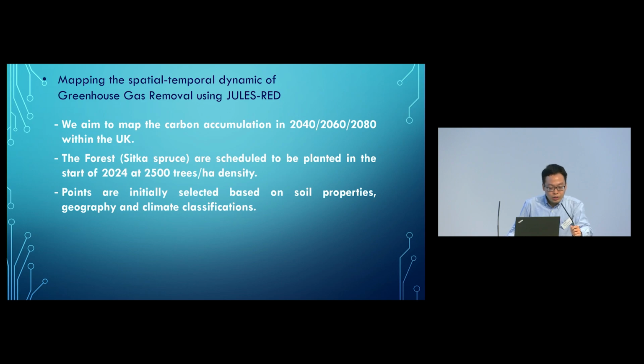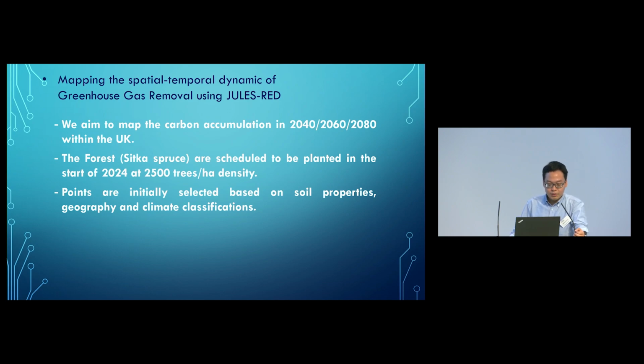So our project is mapping the spatial temporal dynamic of greenhouse gases using Jules. We aim to map out the carbon accumulation in 2040, 2060, and 2080 within the UK.